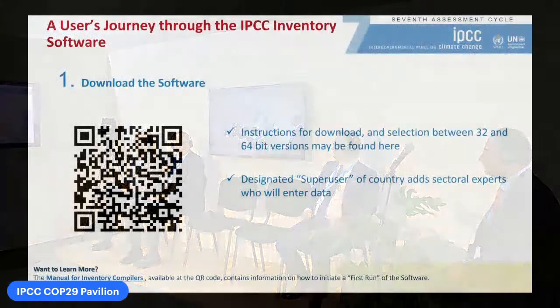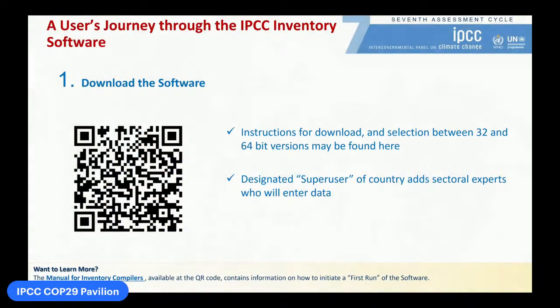If you go on the IPCC website, there are all the working groups plus the task force webpage, and there you have the contact. Or you go directly to our webpage, which is NGGIP. With this QR code, you go directly to the webpage. Again, it's free.